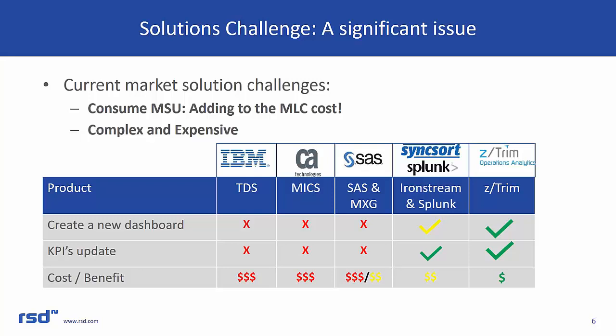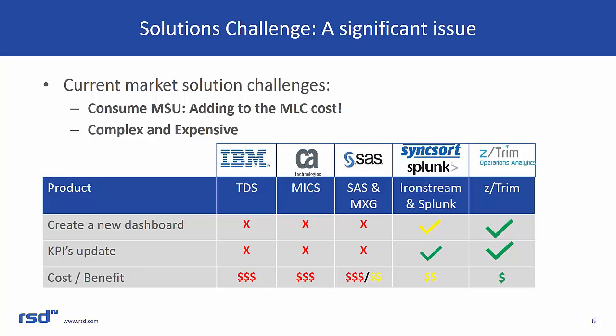They also add to the complexity, and many solutions, just because of the nature of the way they go together, have additional expense associated with them, whether they are based on consumption metrics or based on total volume processed. There are various models that are used. And you can see across this market and this space that there are just various challenges associated with some of the solutions in place.